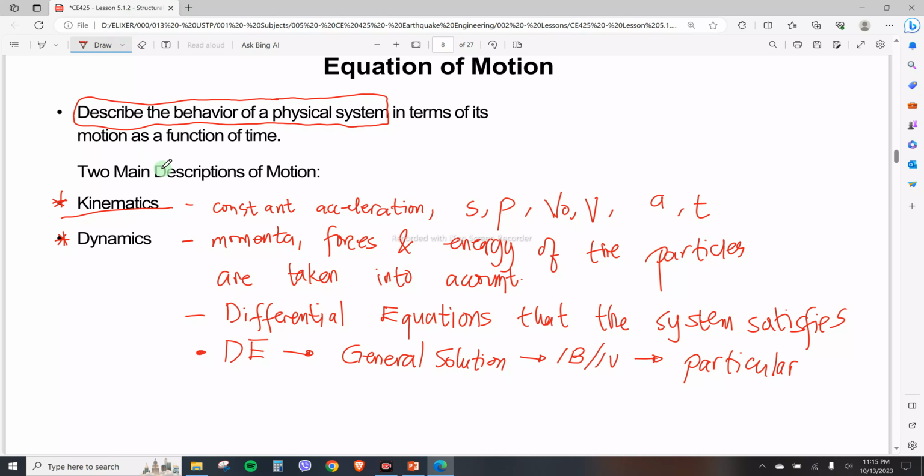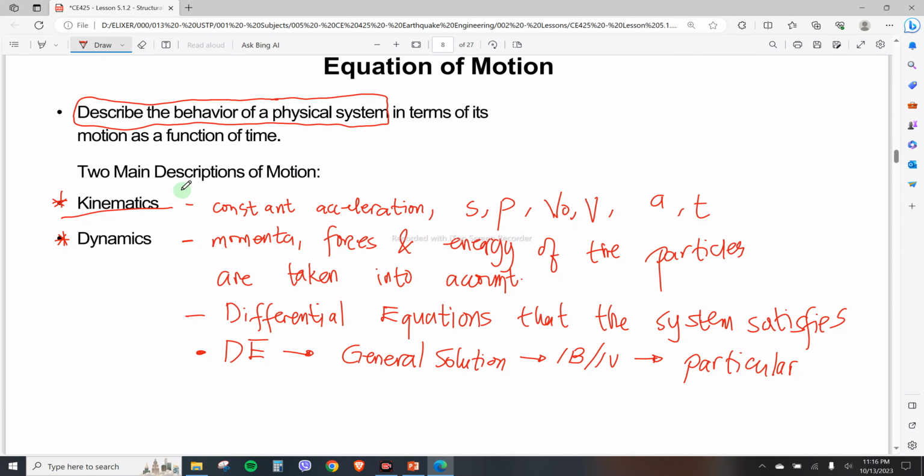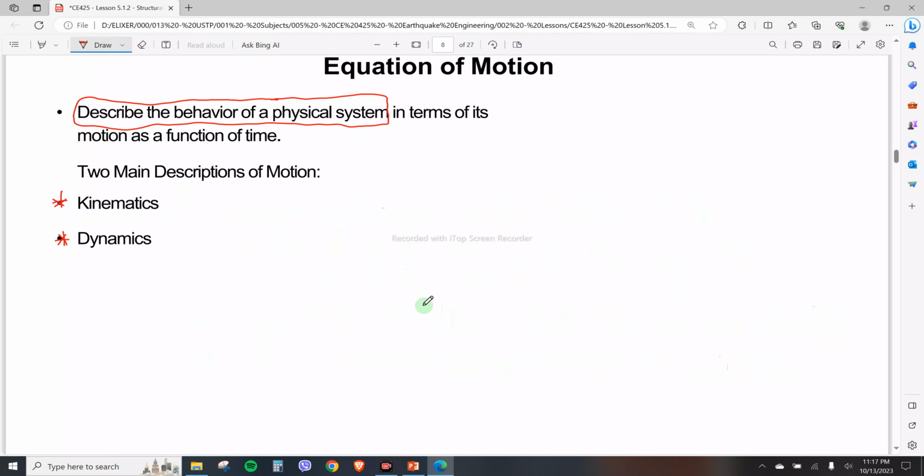So our equation of motion, for this one, we derive it as a function of the position. But in general, the equation of motion is a function of the position.